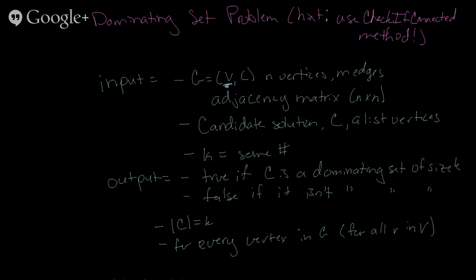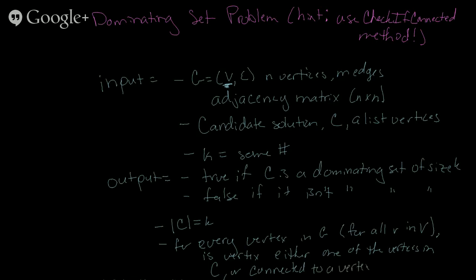For every vertex in G, is that vertex either one of the vertices in C or connected to a vertex in C?